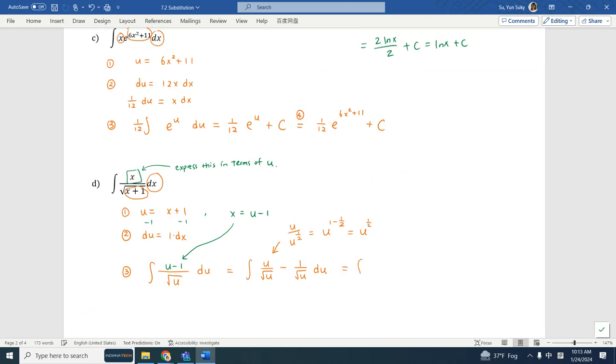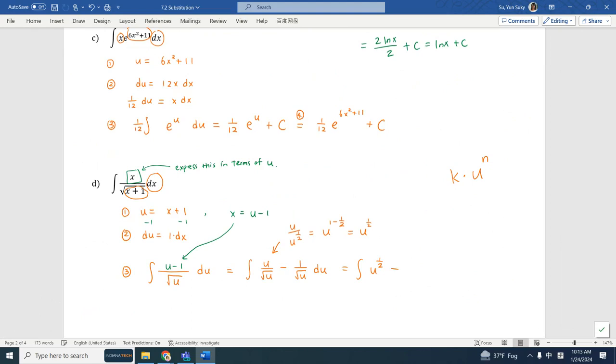So my first term is the same as u to the 1/2. Everybody, whenever you see a power function, you simplify it and make it into the standard form. What does standard form mean? You want to have some number times u to some power, right? That's the standard form. Then you can use the antiderivative formula of the power rule.